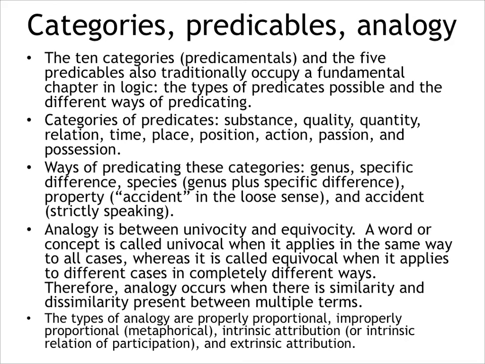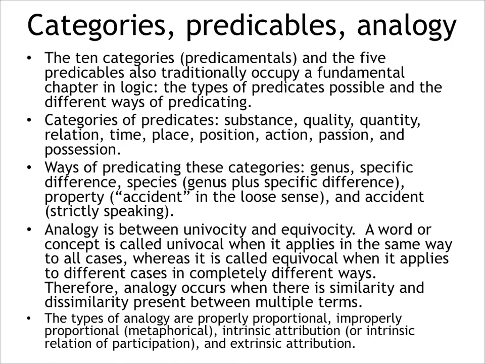So, for example, I might say that I'm healthy. The doctor might look at my urine and say your urine is healthy, because if the urine has certain properties, it's a sign of good health. The doctor might also say, this is healthy medicine. This medicine will make you healthy.